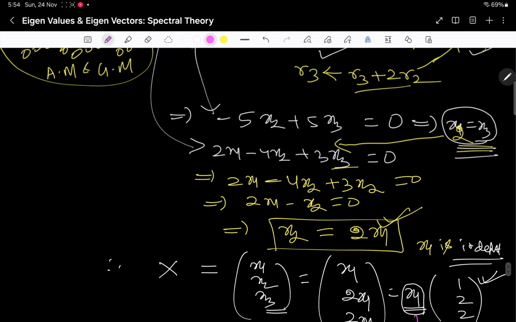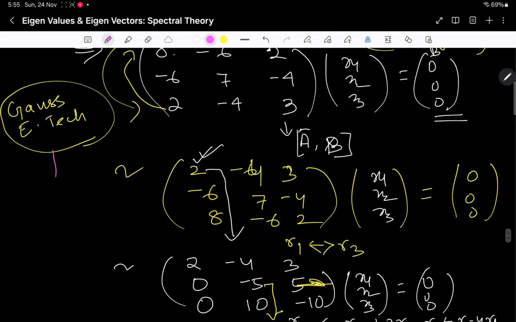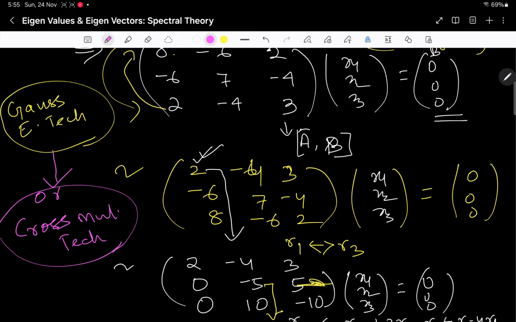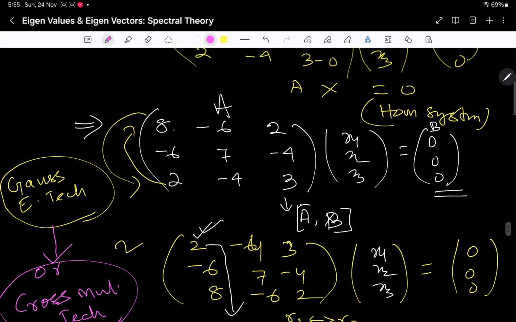Now apart from this Gauss elimination method, here we have adopted the Gauss elimination technique. Alternatively, another easy technique, I would say, is the cross multiplication technique, by considering only two equations here. Now you see, from this I write it algebraically, okay?